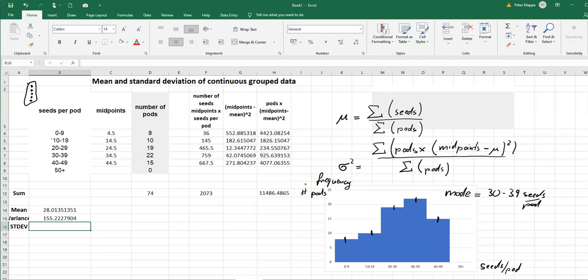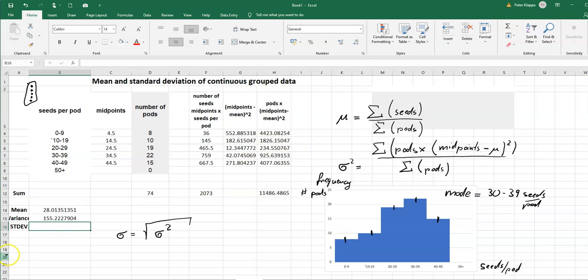And very often we find that the variance is not a very good measure of the variability because it doesn't have the same unit as the mean, but we can very easily calculate the standard deviation because we know that the standard deviation equals the square root of the variance.